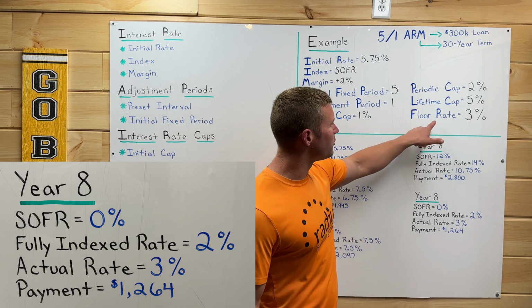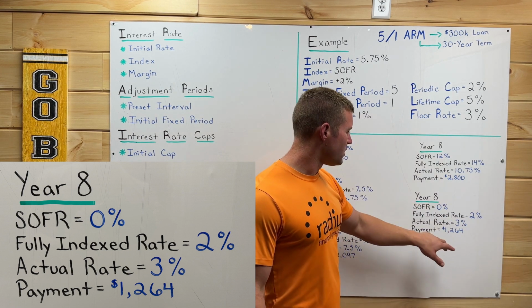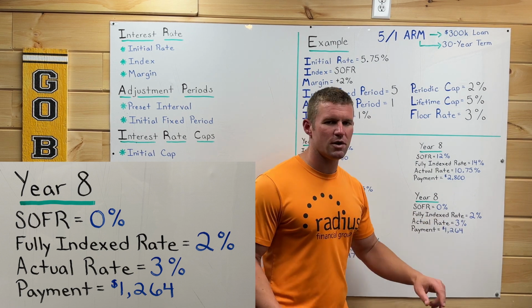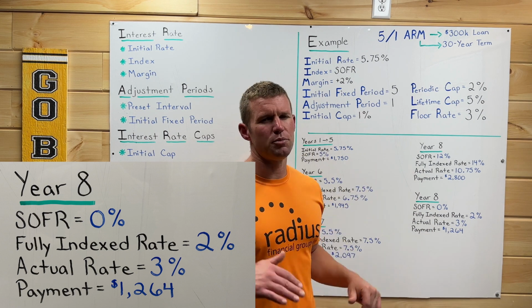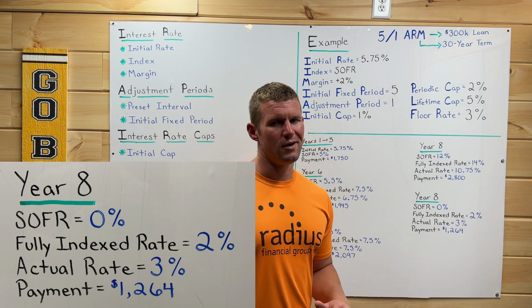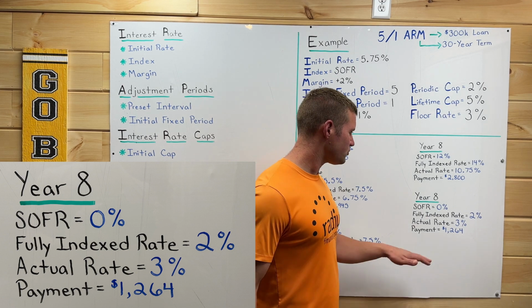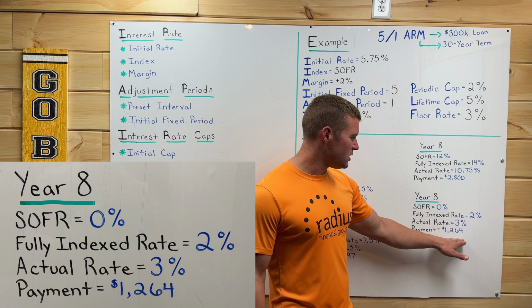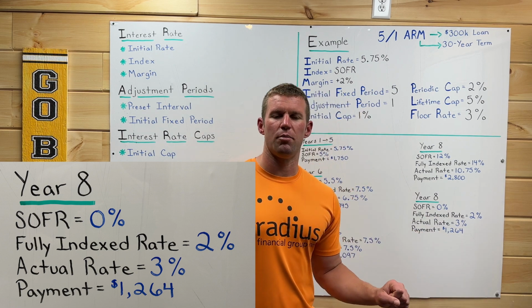However, we have the floor rate built in of 3%, which basically says our actual rate is 3%, because the lender at the beginning said, look, we have to put this floor rate in here. No matter how low interest rates go, it can't go below 3%. So the actual rate of 3% would be $1,264 per month.